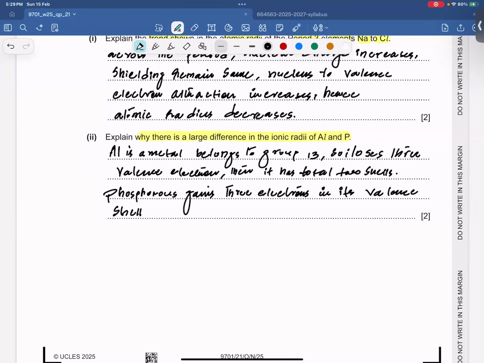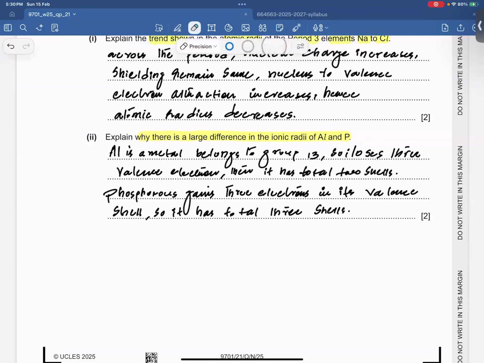So it has a total of 3 shells. And so it carries 3 negative charge.